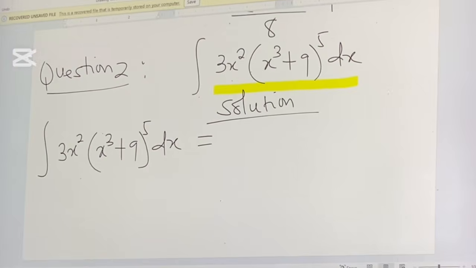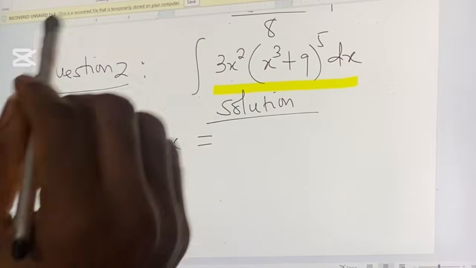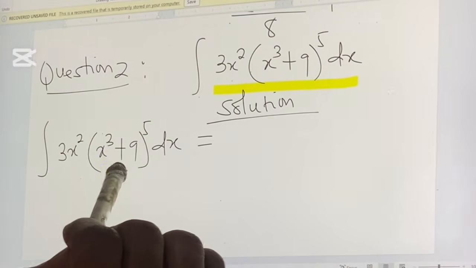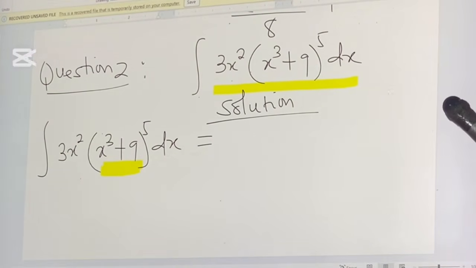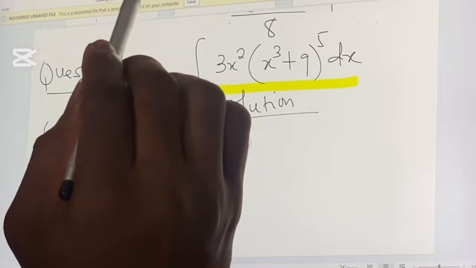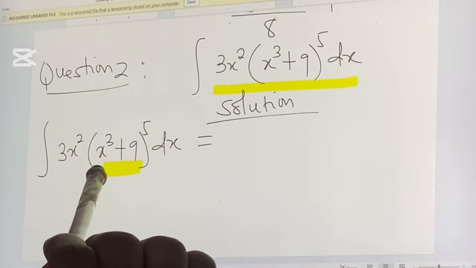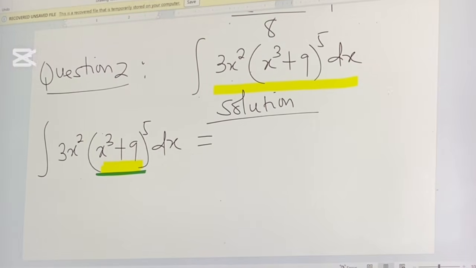Whenever you are given a question to integrate, the first thing you have to do is to identify the function. The only function we know is this one, that whenever an expression is in brackets with a power, we integrate it using the chain function method. So let's integrate the one we know first.